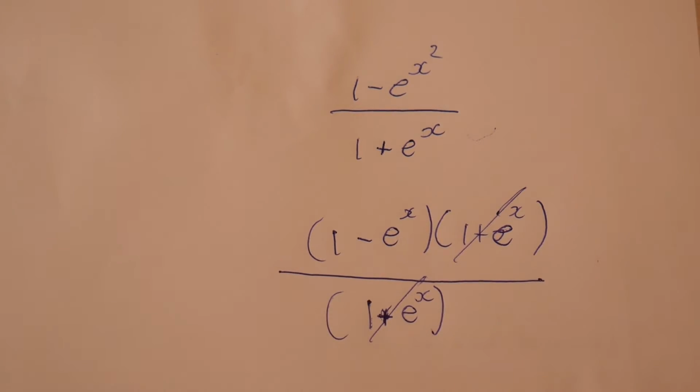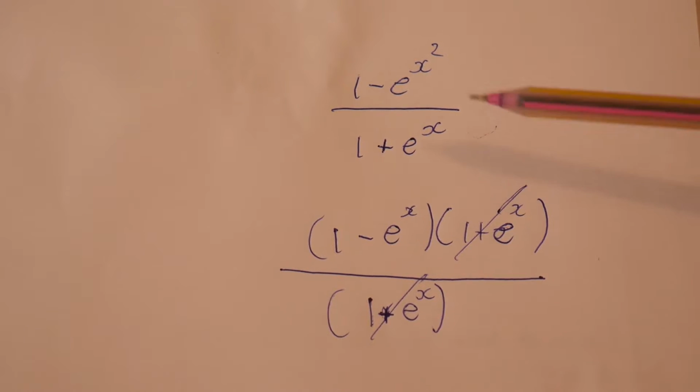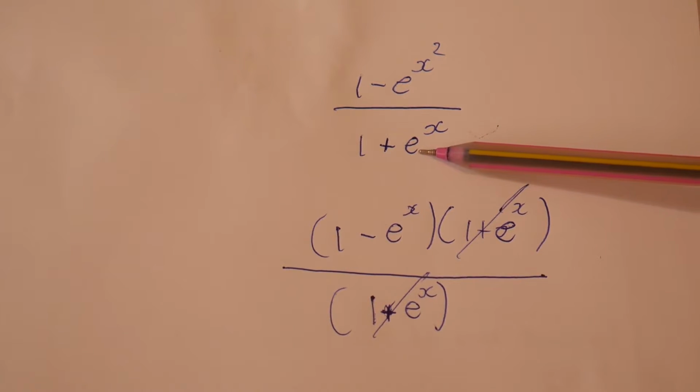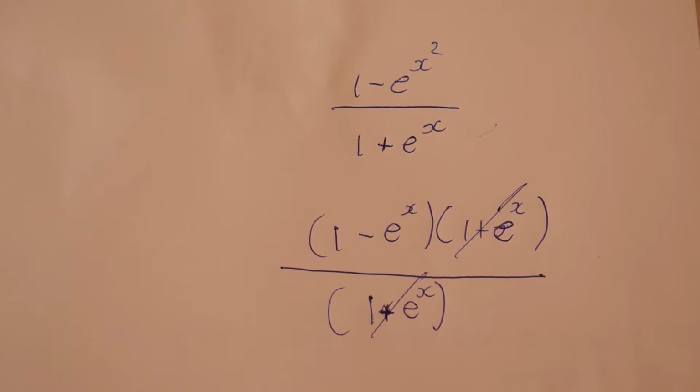Now, what you always look for when you want to check mentally if there is a difference of two squares: if you see something with a number and a letter in the denominator and a number and a letter in the numerator, and it has different signs, just check to see if any difference of two squares thing is happening there, where you could simply expand the difference of two squares and do a factorization.